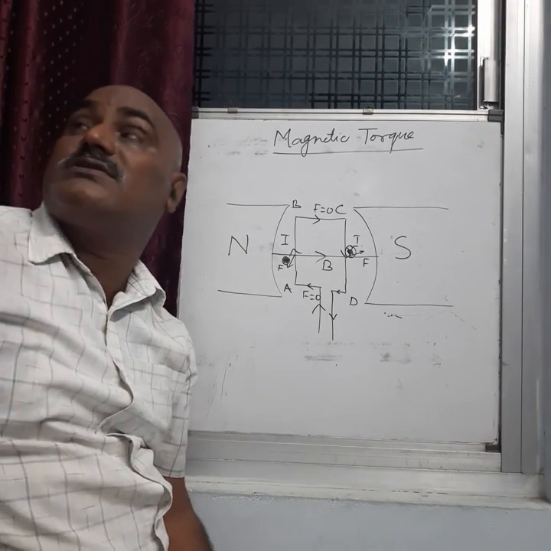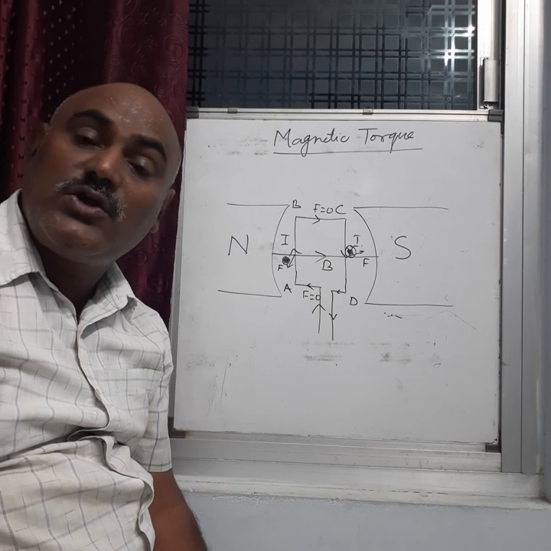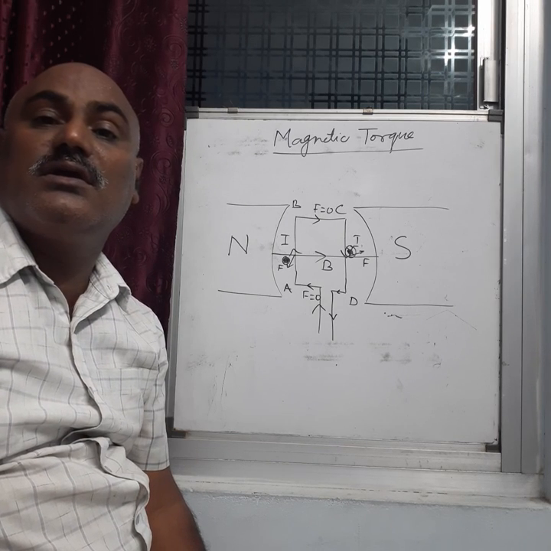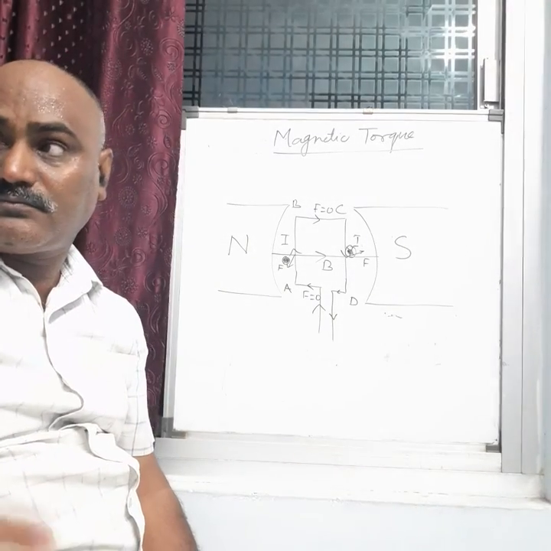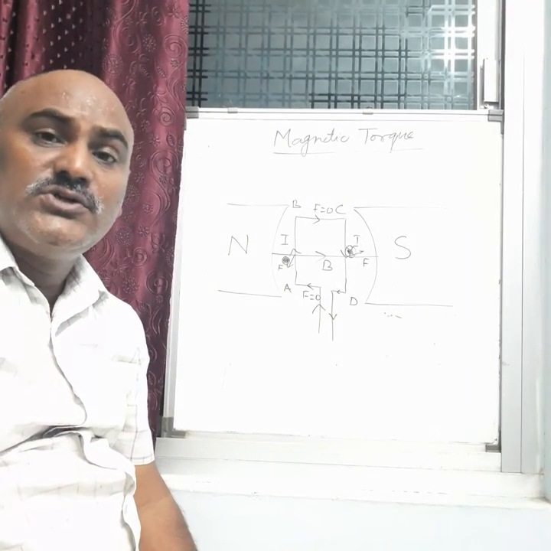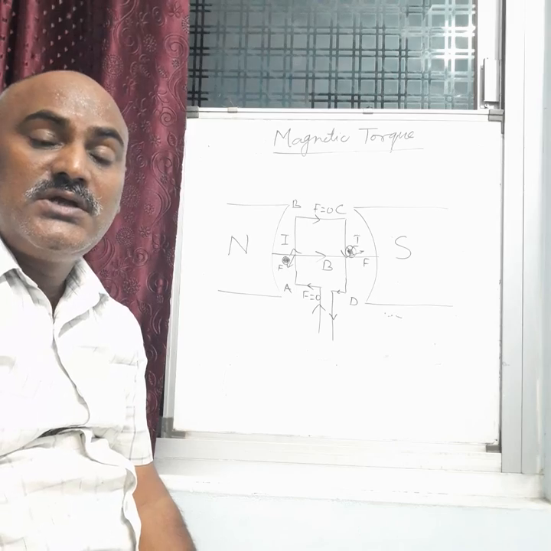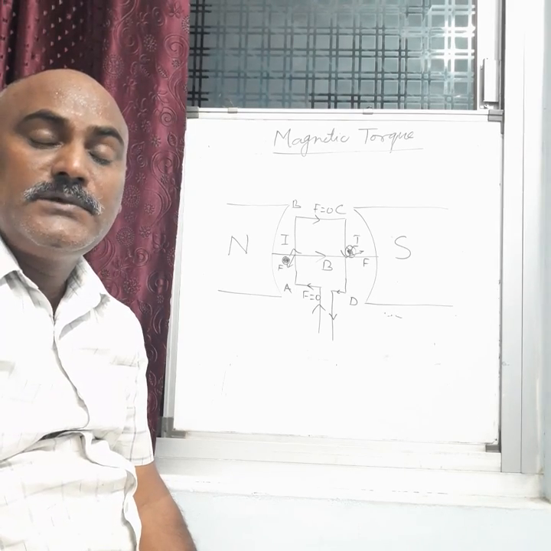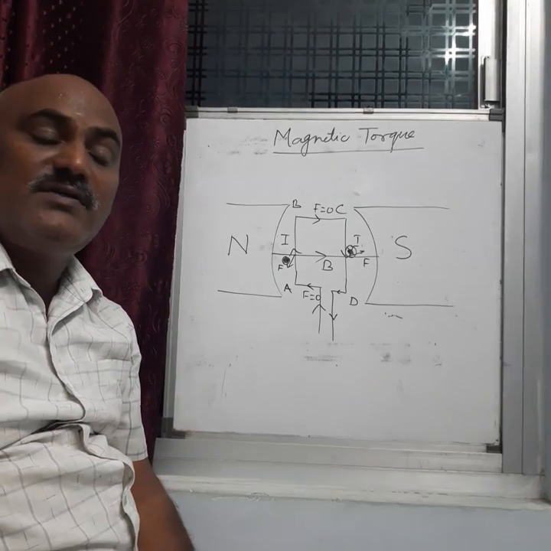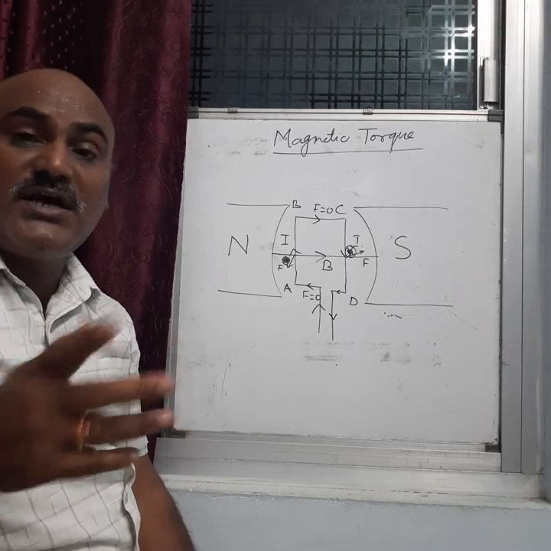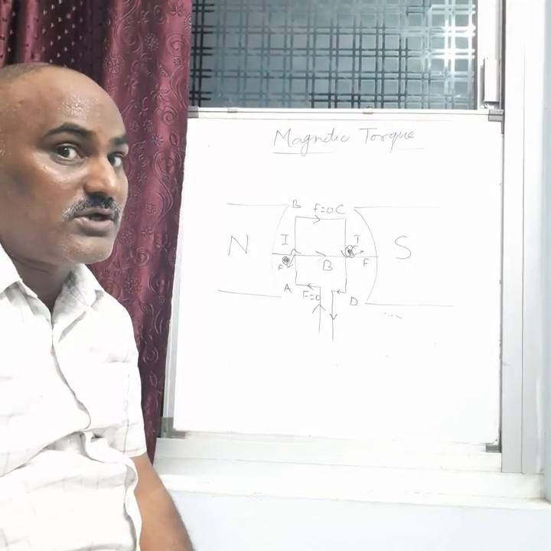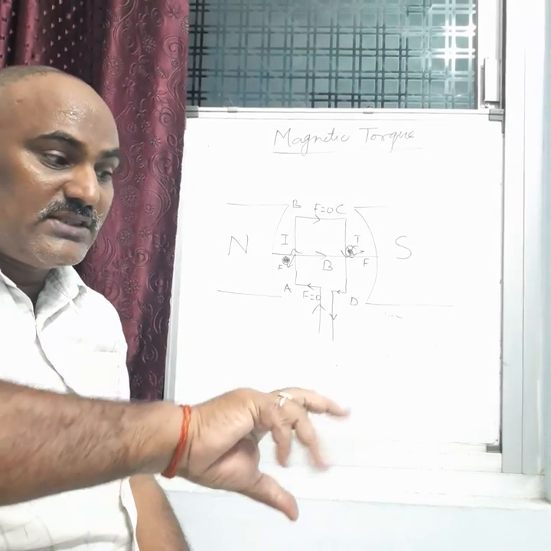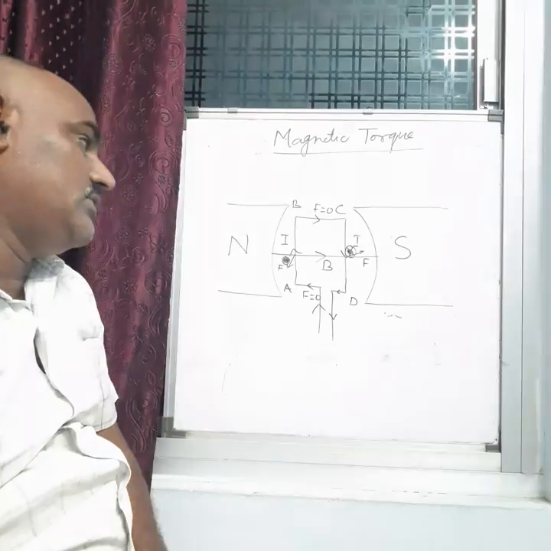Your electric fan rotates due to the torque in the fan. Your mixer rotates due to the torque, and so many other devices are there. For example, your ammeter, voltmeter, their indicator rotates because of the torque. A torque is produced, and the torque rotates the body.